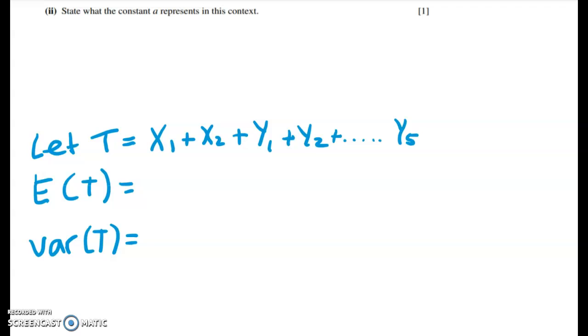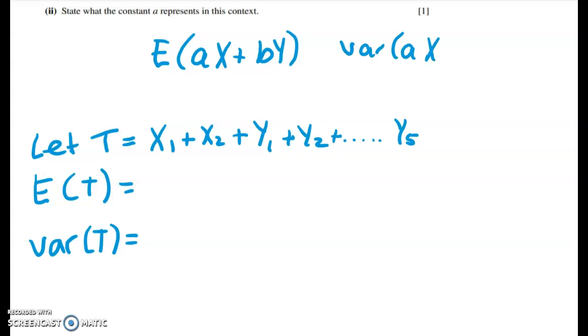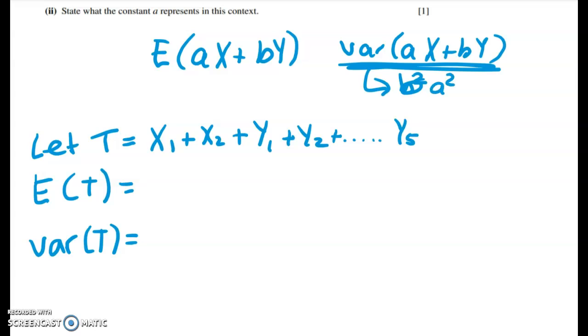The mistake that students often make is that they think that they're finding this, E of ax plus by, and Var of ax plus by. And so the mistake made is in here, because this is going to have a variance of a squared Var x plus b squared Var y.